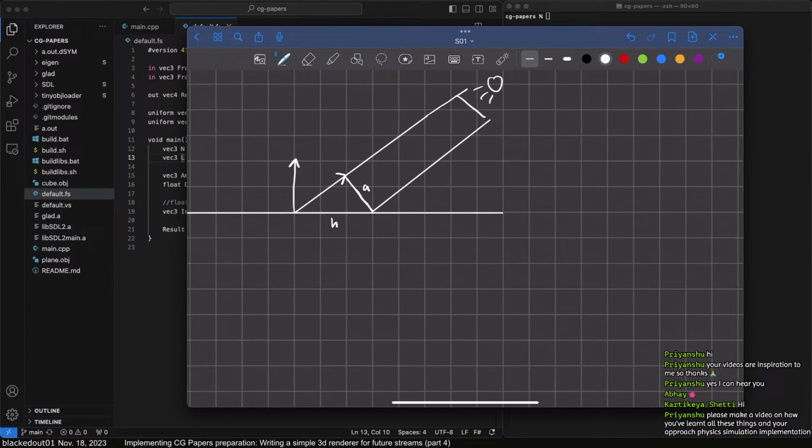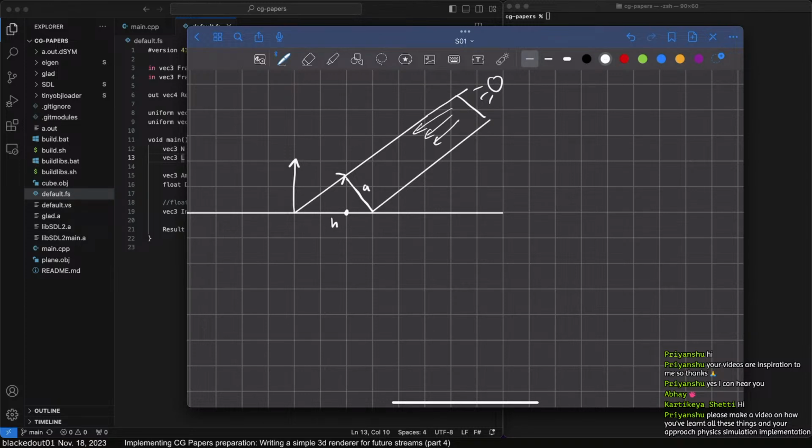then you can imagine all of these light rays that hit the surface. When H becomes larger, the amount of light that is hitting one specific point gets smaller.